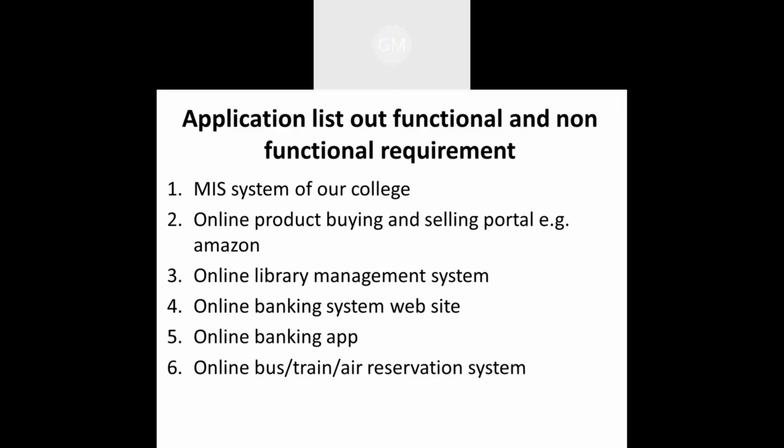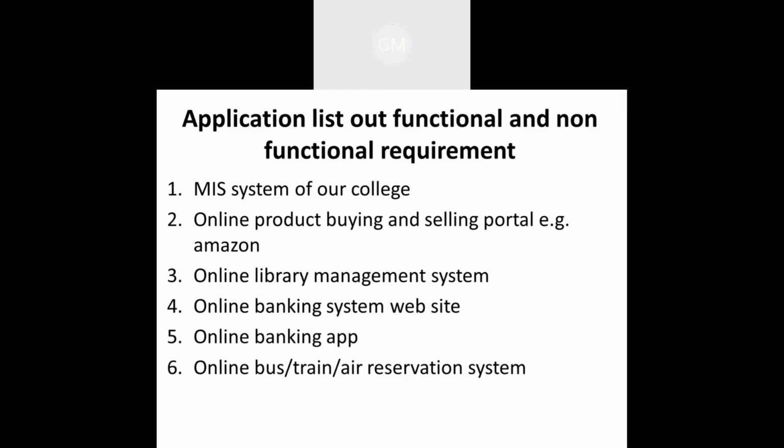Out of that, you need to choose one application, for example, here choose the MIS system for our college. And for that particular application, you need to write down the functional and non-functional requirements. This is the first thing.